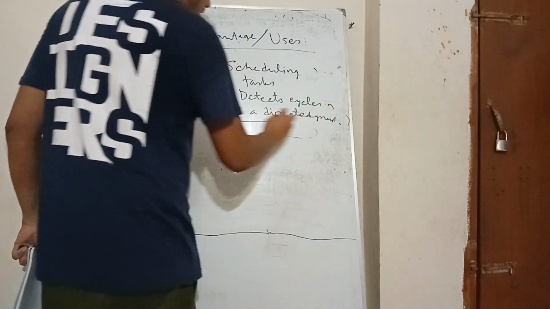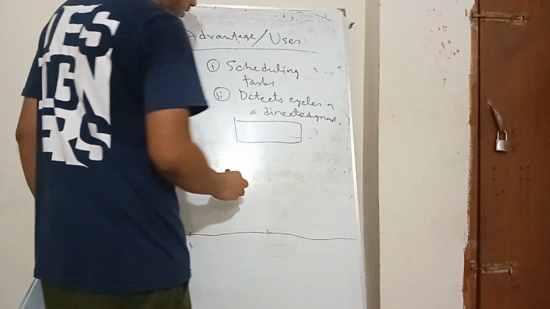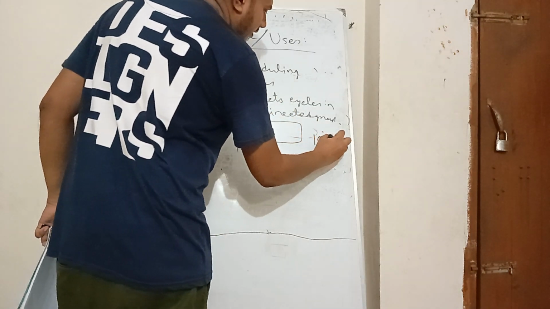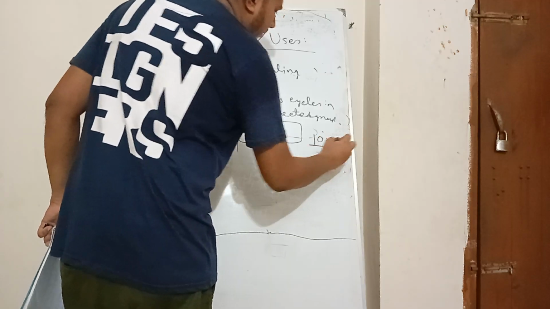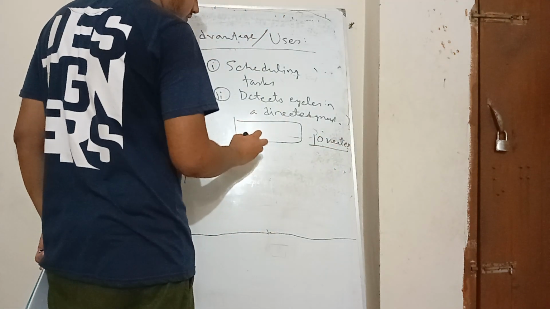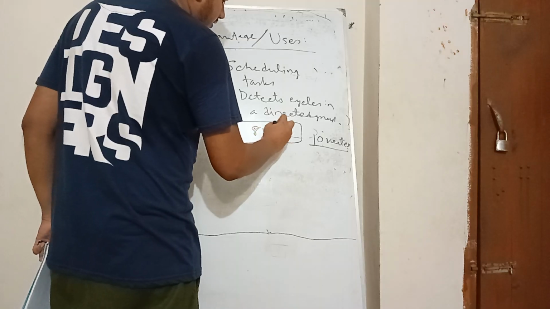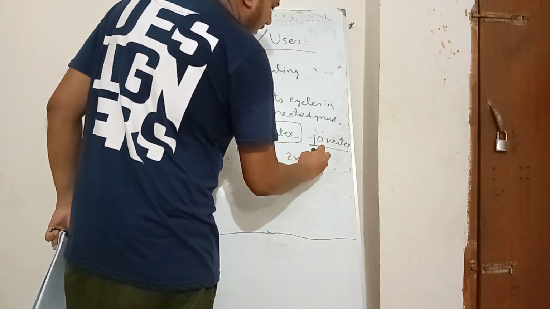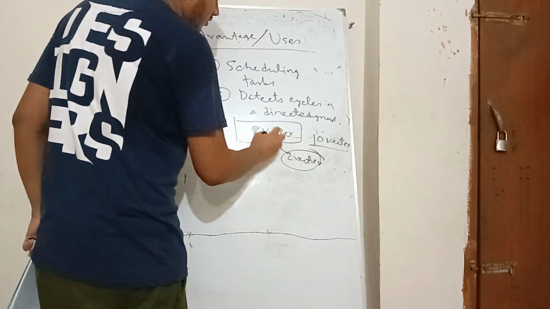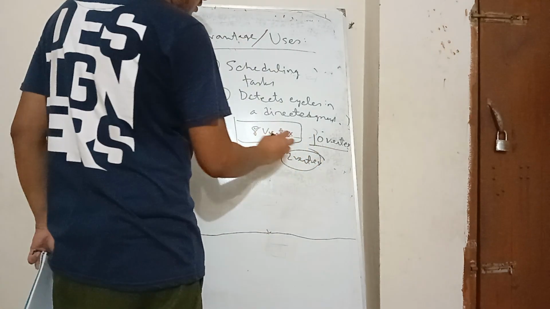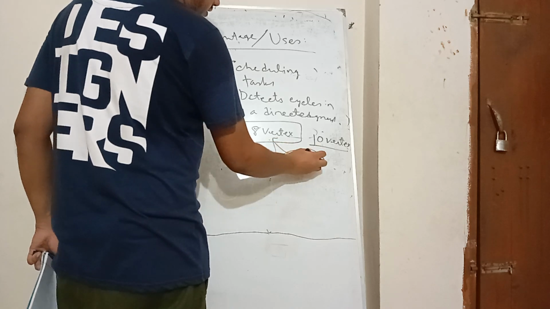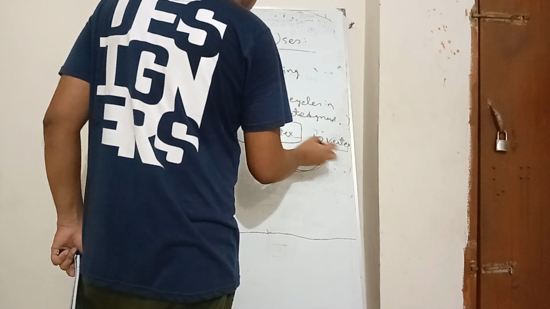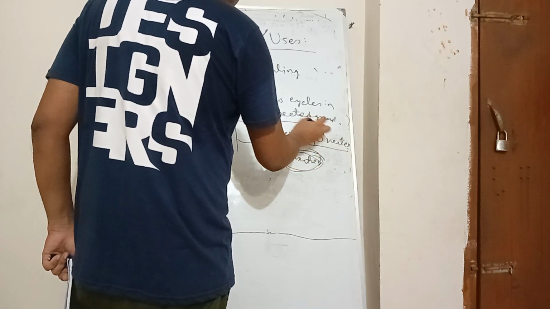Suppose after topological sort, in the graph there are 10 vertices, but in the topological sort there are 8 vertices. So 2 vertices are not included in the sort. So the two vertices may be dependent on each other, or they are creating a cycle.